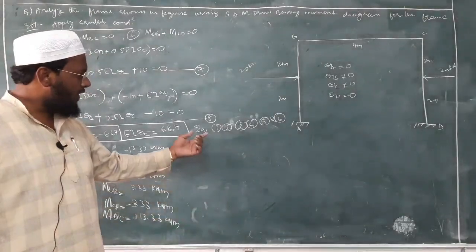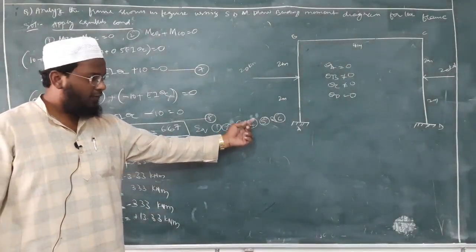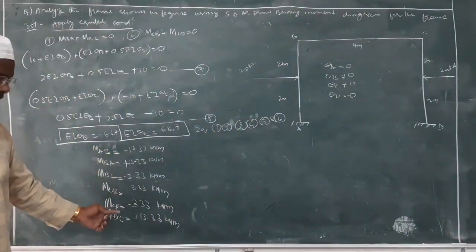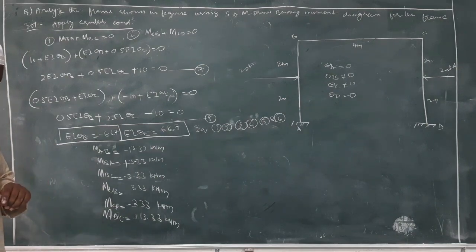So once you substitute all the values of EI theta B, theta C in equation number 1, 2, 3, 4, 5 and 6, you will get the values of MAB, MBA, MBC, MCB, MCD and MDC. Okay.